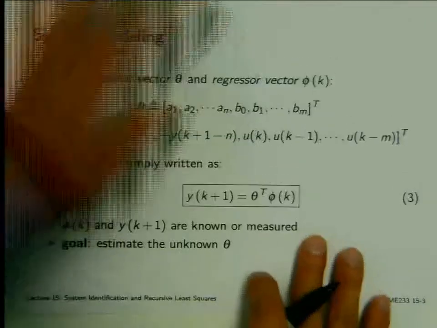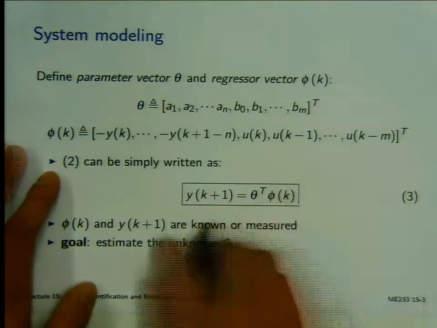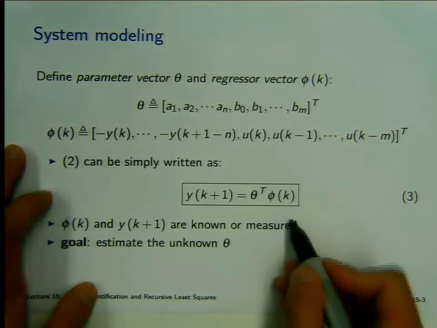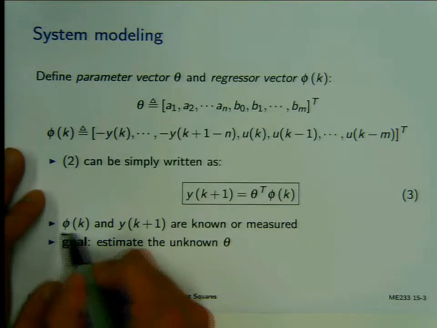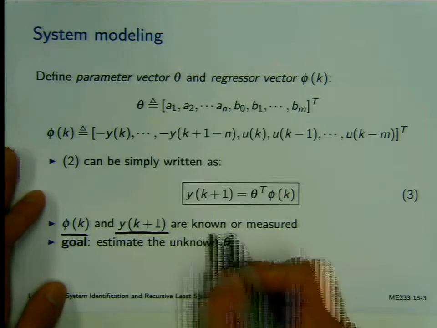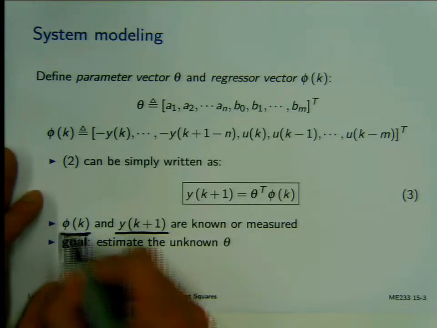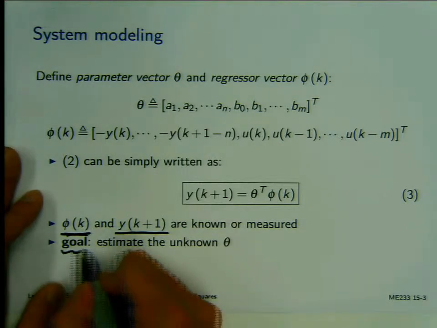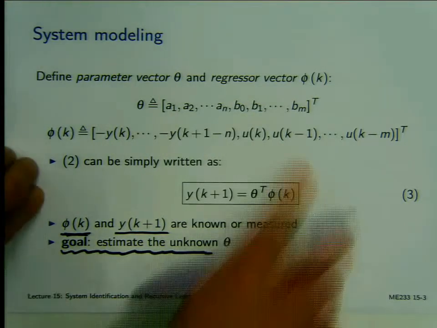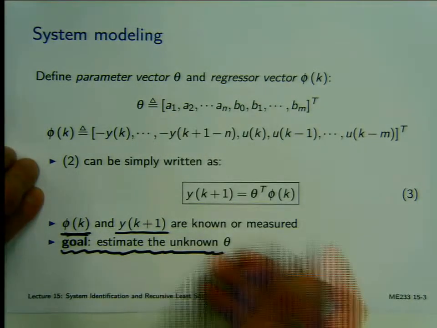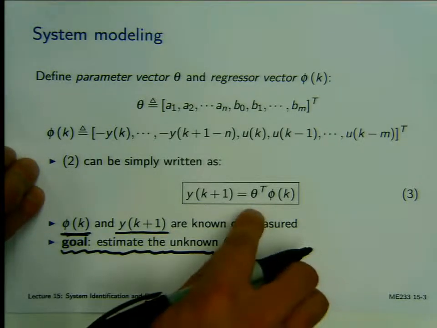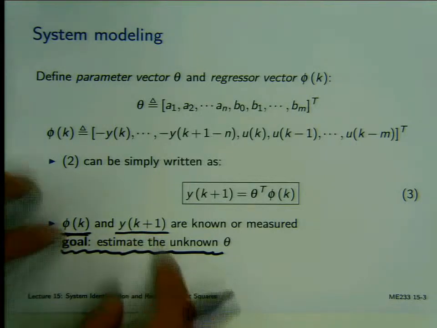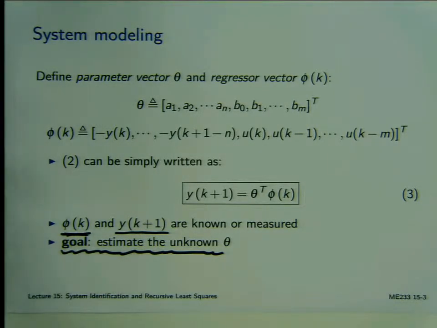So this is what we have just derived: the simple regressive form of the plant dynamics, where you have the regressive vector and the measurement element. The goal is, if theta is unknown, you have this plant model, and you want to estimate this theta based on the information of phi k and y k plus 1.